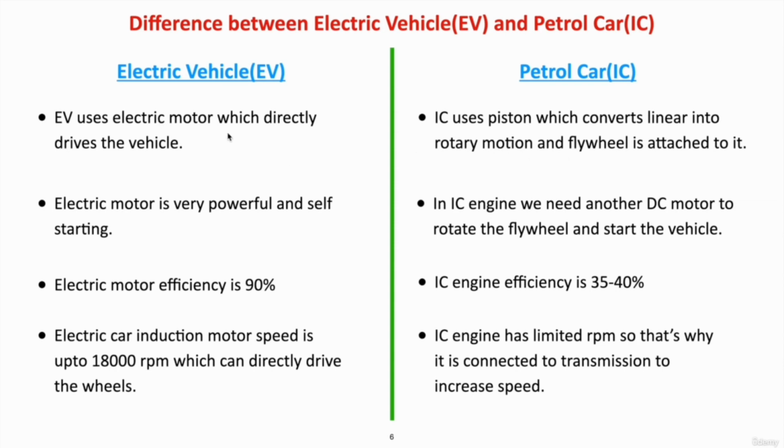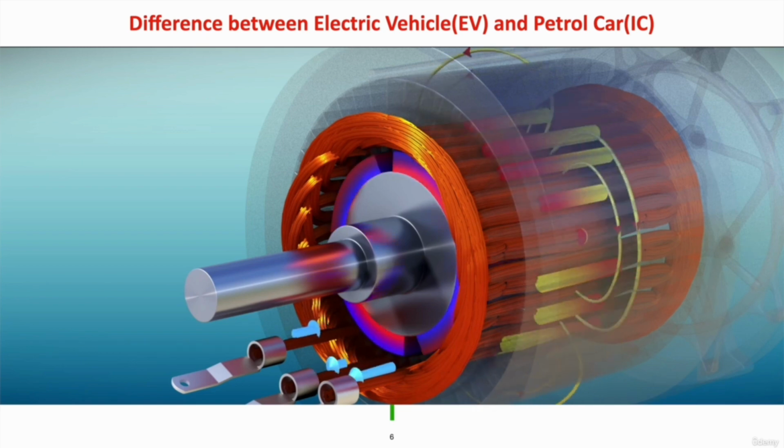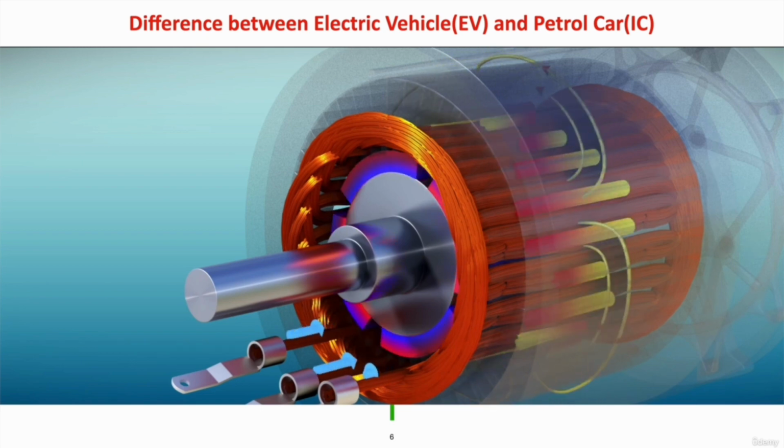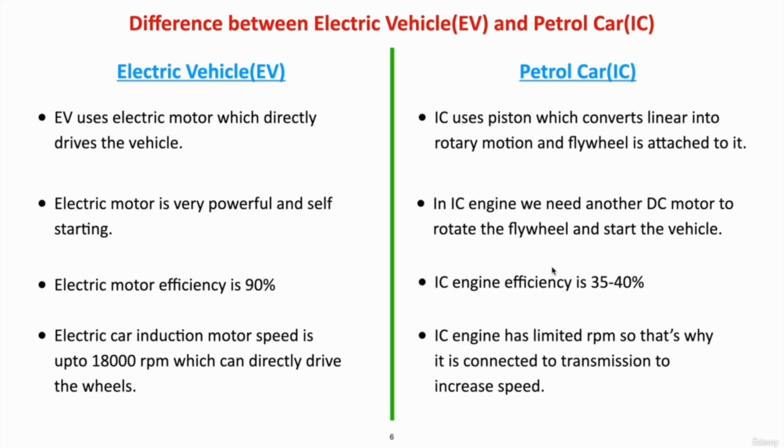Electric motor is very powerful and self-starting, whereas in IC engine we need another DC motor to rotate the flywheel and to start the vehicle.